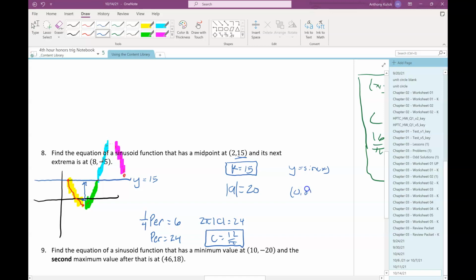So we're going 0, 0, which is that kind of midline point. And we have to use 215 because that's the other midline point that we have. Now, here is my midline point, right? After the midline point is a minimum.